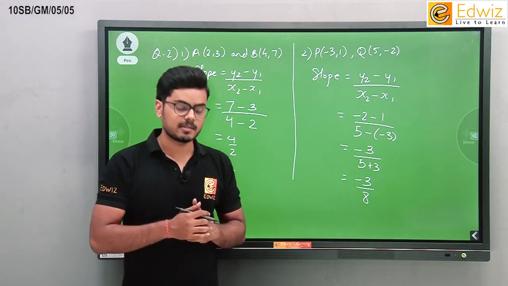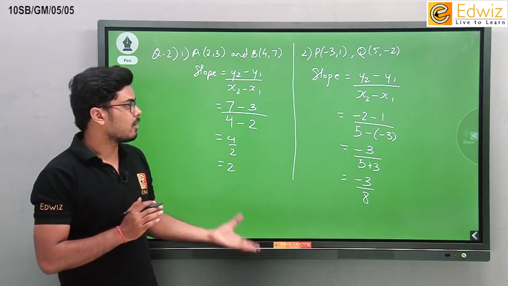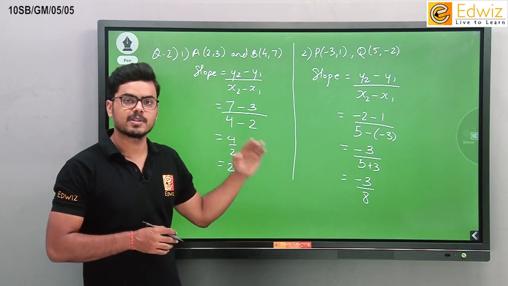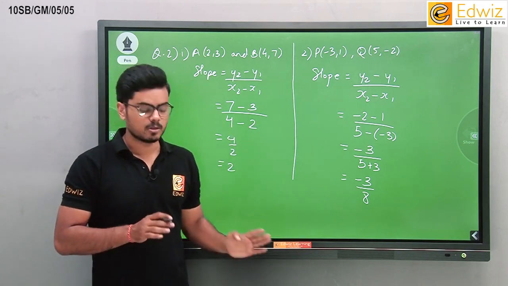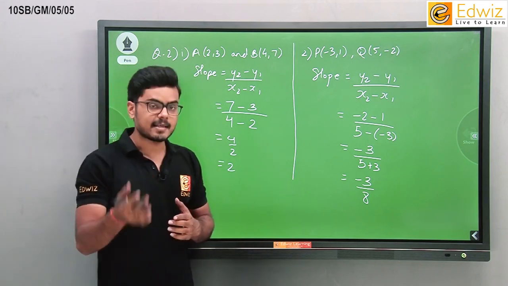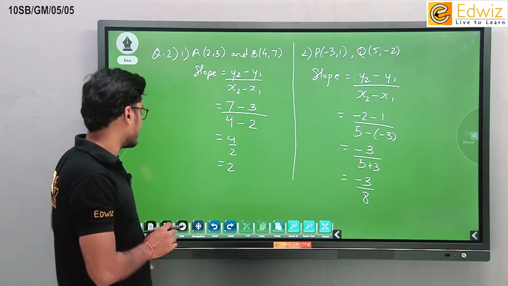The remaining questions, question number 3, 4, 5, 6 of question 2, they are all similar questions to this. All you have to do is use this formula, substitute the values, find out the slope. So please mark those questions as your homework. We won't be doing it here. Next, we'll go to question number 3. Okay, going on to the next page.